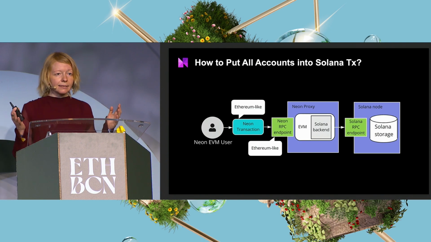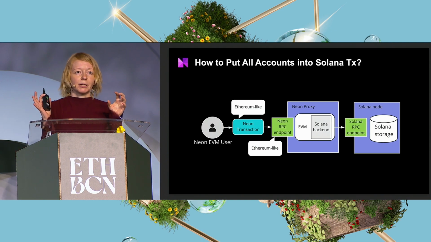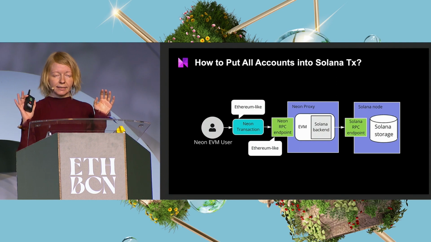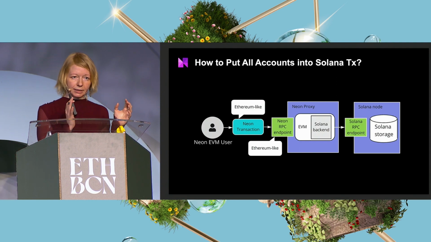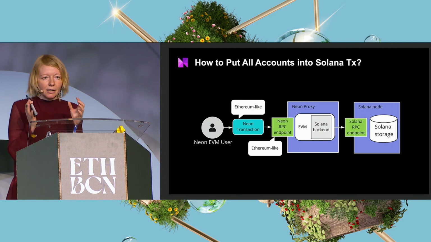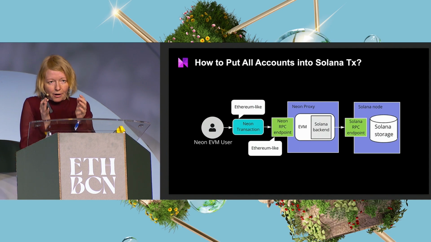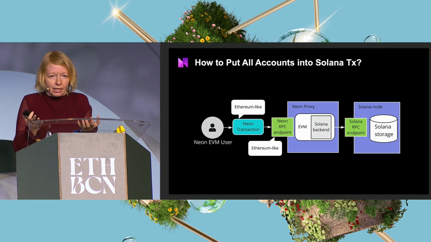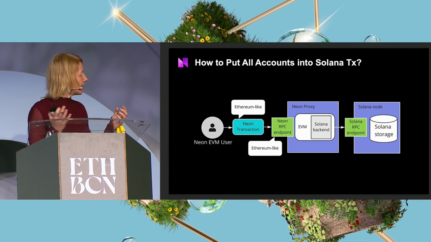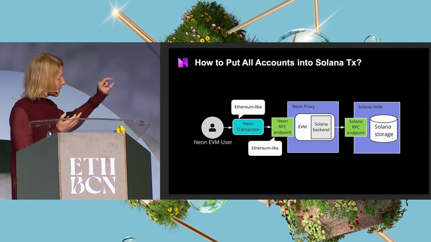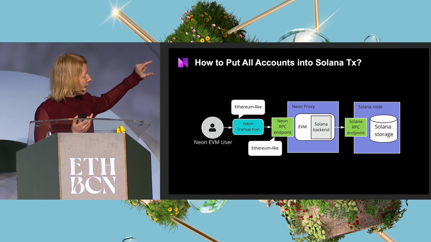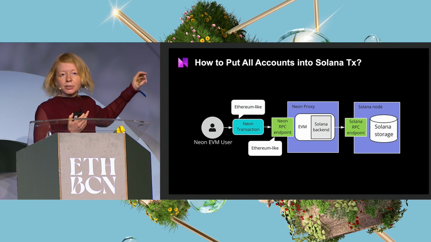What is more important, as mentioned already, we have somehow to get information about all the accounts relevant to the particular Neon transaction. And somehow this Neon proxy has to figure out which accounts are associated with this particular Neon transaction. So we have here an emulator.